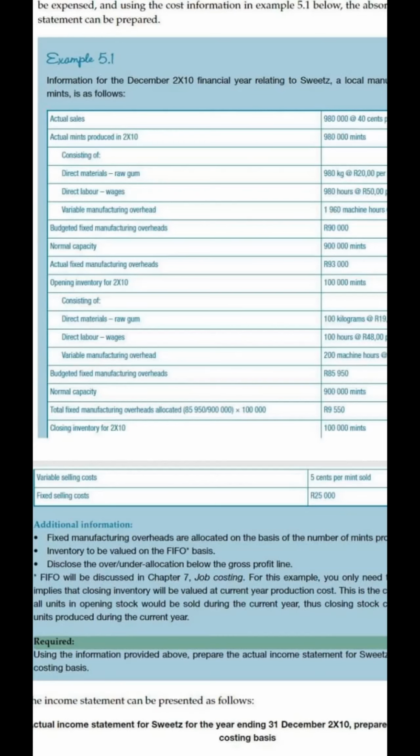So it's two methods that you're going to see there, the traditional method and the ABC. That's also a favorite of the examiners, so we are going to do that. When you are using those methods, you are basically taking a huge cost like, say, factory rental, and then you're saying part of that factory rental should be apportioned to product A, part of it to product B, and then the other one to product C, right?